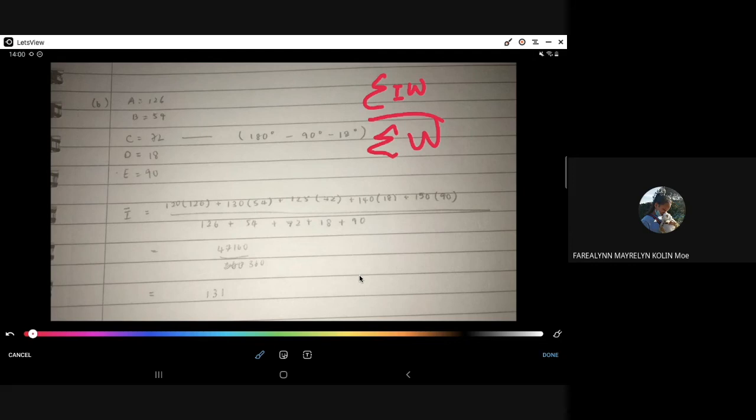Okay. So 120 darab 126 tambah 130 darab 54 tambah 125 darab 72 tambah 140 darab 18 tambah 150 darab 90 over 360, get answer 131.